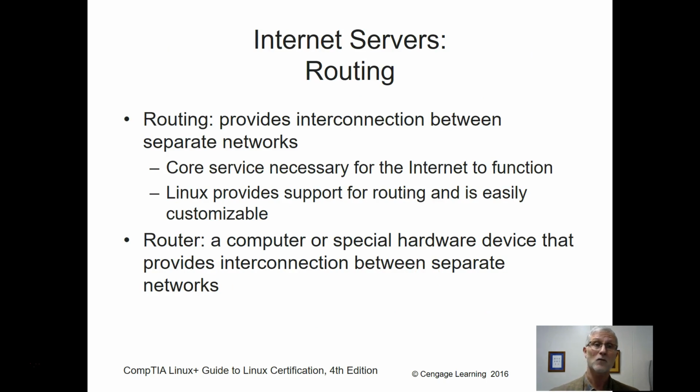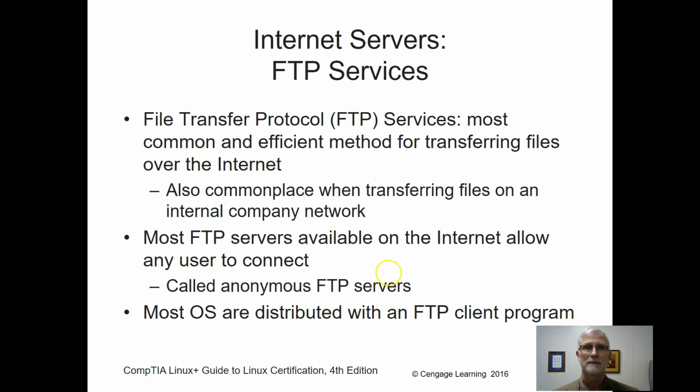Internet servers for routing purposes: basically, how do I connect between networks? File transfer services basically means file transfer protocol. I'm just going to send data from one device to another.